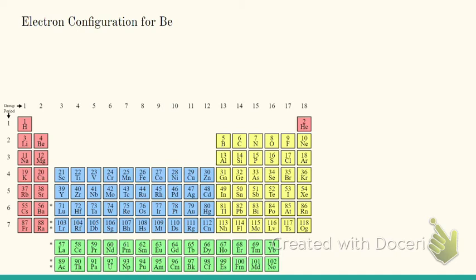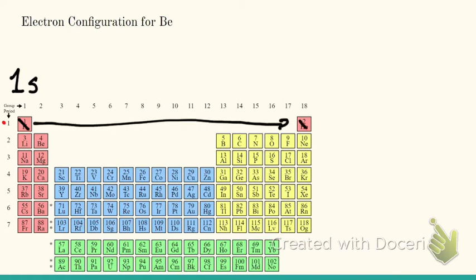All right, let's take a look at our electron configuration for Be. Same idea: we're going to start at row 1 and read from left to right. In row 1, we're in our s block, 1, 2, so we get our 1s2.